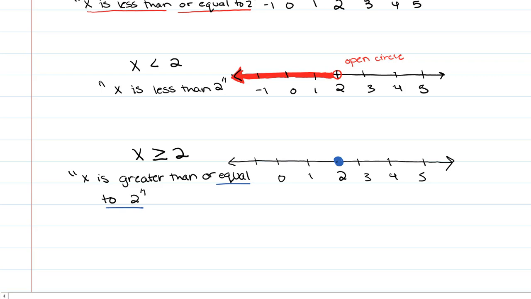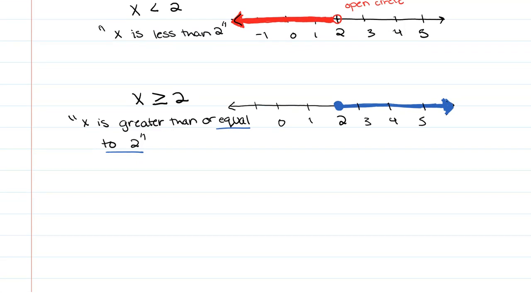I also want to shade the numbers that are greater than 2, which in this case is to the right. So 3 is greater than 2, 4 is greater than 2, 4.7 is greater than 2. I'm shading all of these numbers to the right of 2.